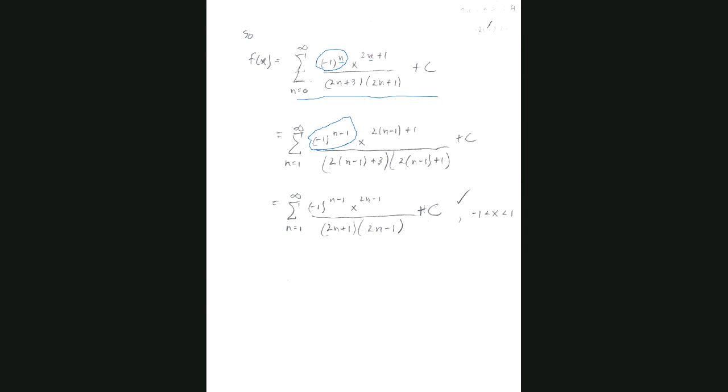So when I change the index to n equals 1, if I write -1 to the n minus first power, then when n equals 1, I get -1 to the 0th power. That's how I determine how to adjust n. So anywhere I see an n, I replace n with n minus 1.